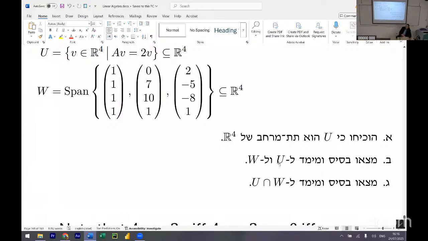Is this a space of a matrix? Which matrix? If we put these vectors in columns, then that's the column space of this matrix. So it's a lot about doing translation into matrices and then using Gauss elimination.